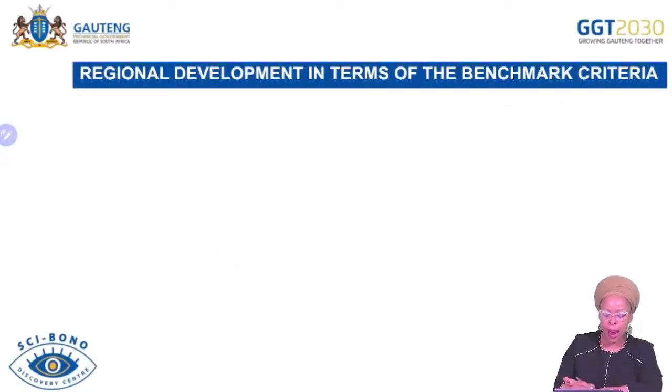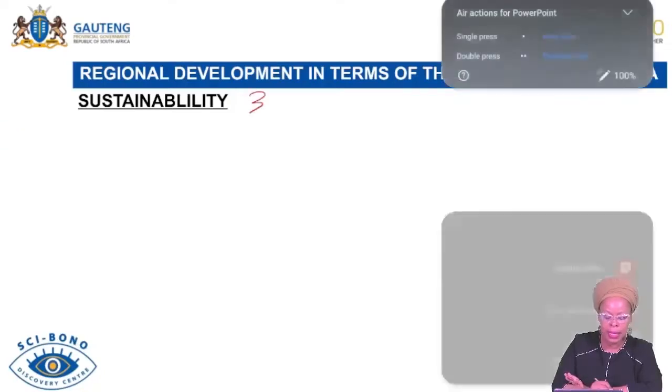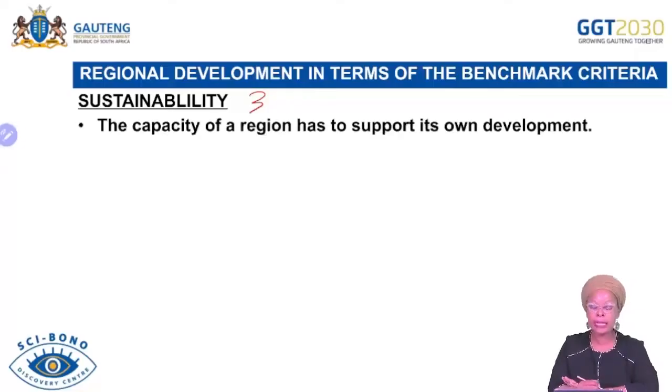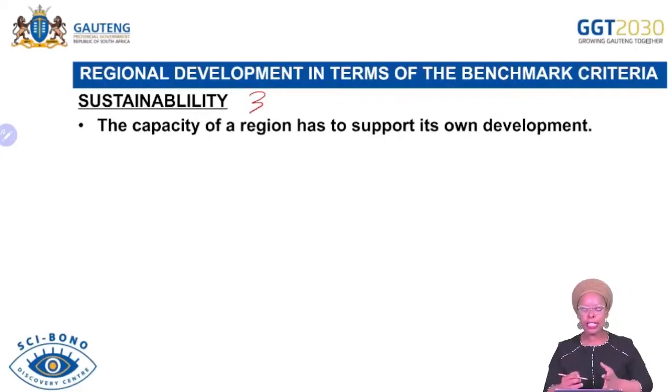The third one is sustainability. Okay, let's look at sustainability. The capacity of a region has to support its own development. So when we were looking in the previous lesson, we looked at regional development.